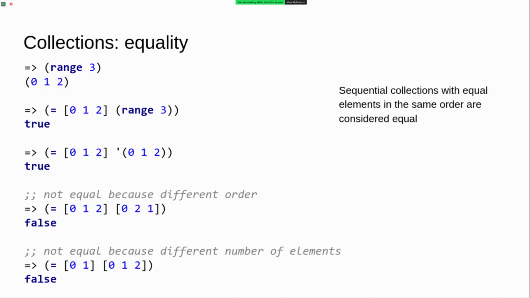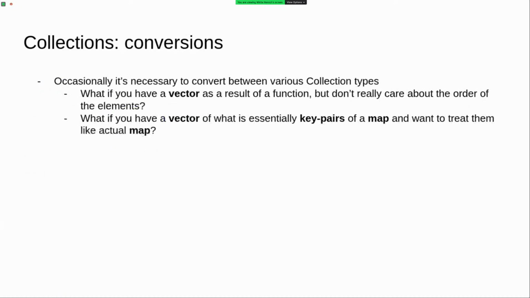The two vectors on the next line are not equal because they have the same elements but in different order. And on the last line, even though the first two elements are the same and in the same order, the overall structure of the vectors is not the same. So they are obviously not equal. Okay.